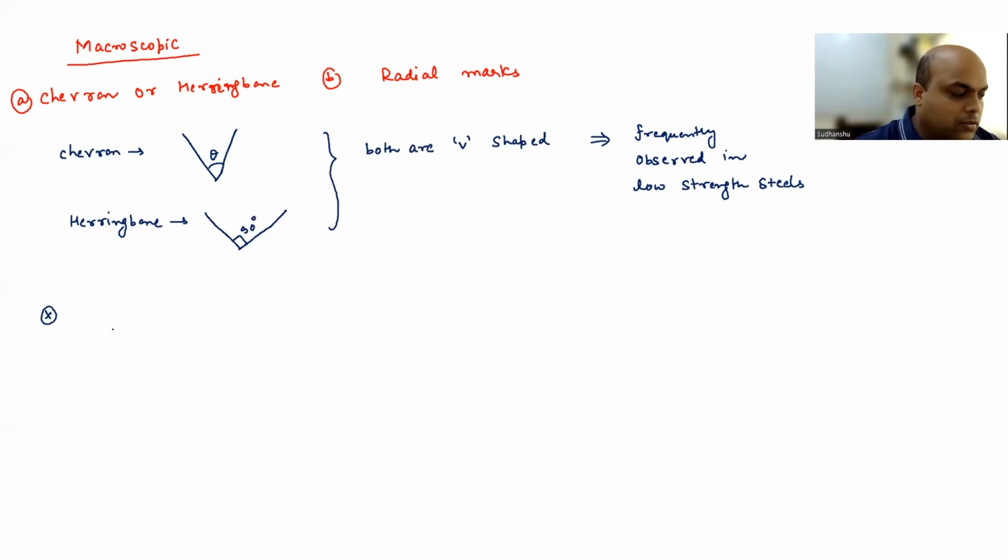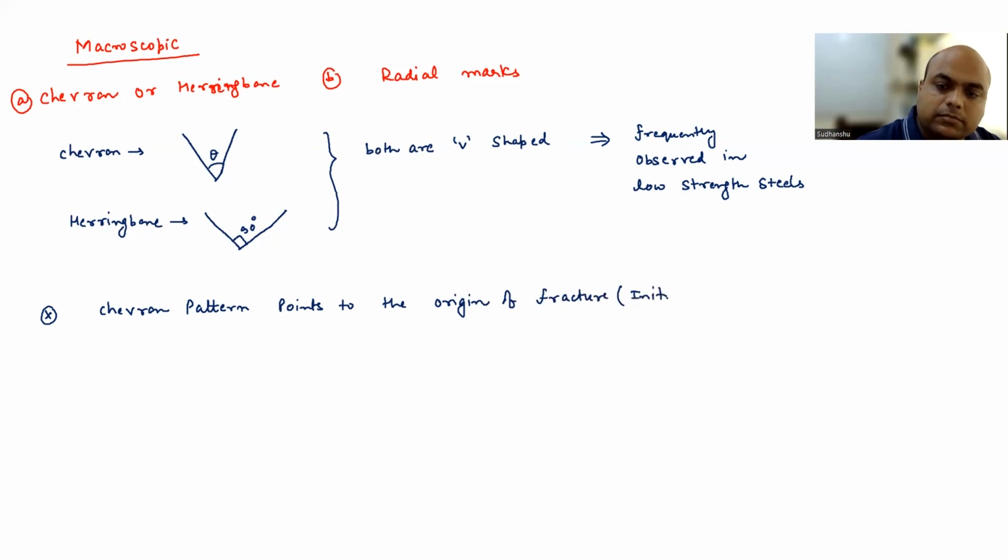Okay, so what is happening here? The chevron pattern points to the origin of fracture, basically initiation. And how is it forming?